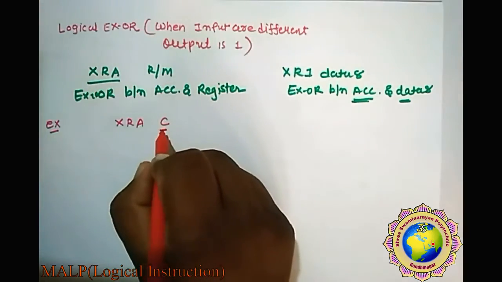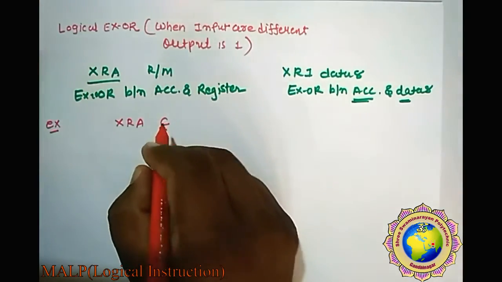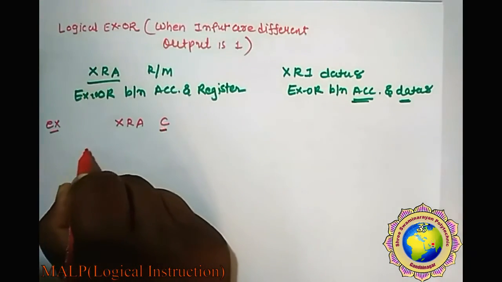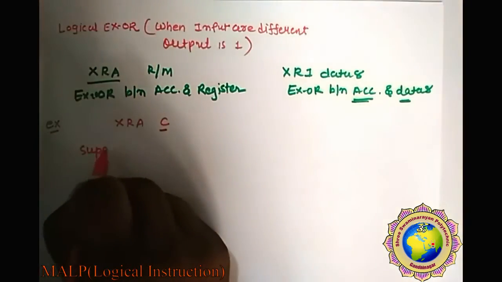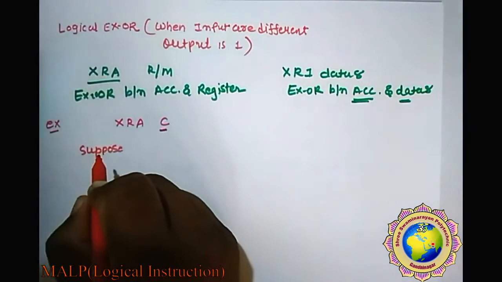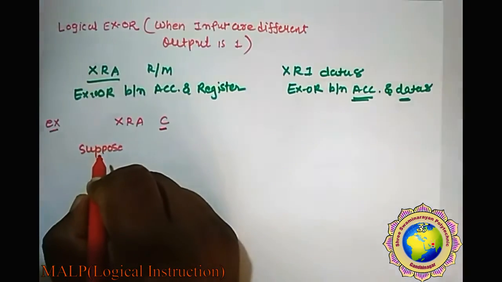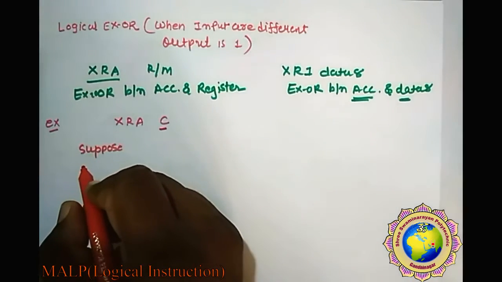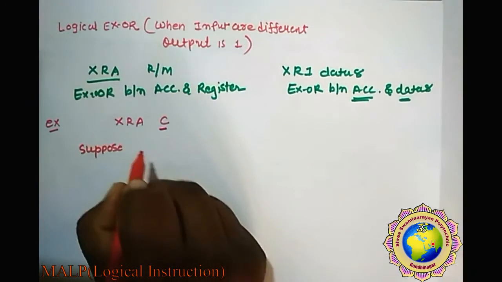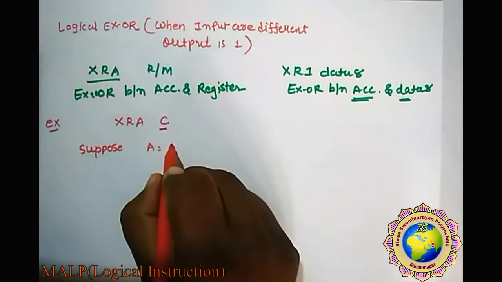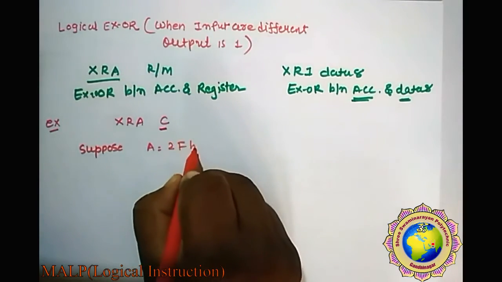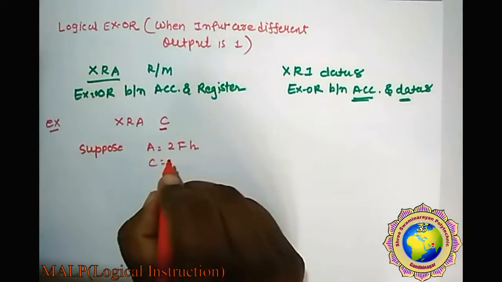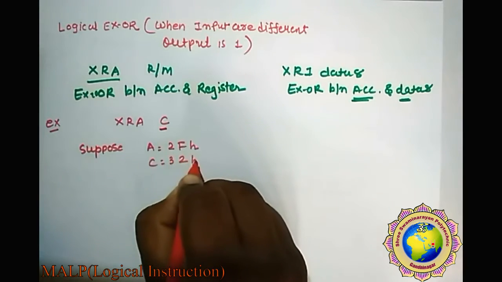Okay, so XRA C. Suppose the value of A is 2FH and the value of C is 32H.